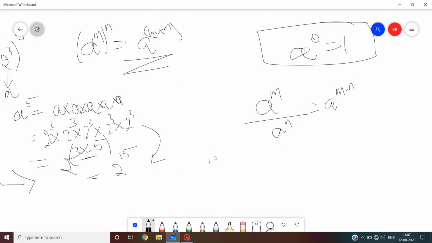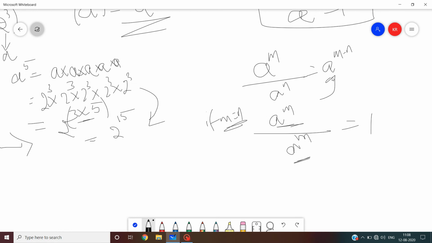So take this as example. If m is equals to n, and a power m divided by a power n, here n is equals to m, so I am getting same m. So this will be equals to how much? A power m by a power m will be 1.